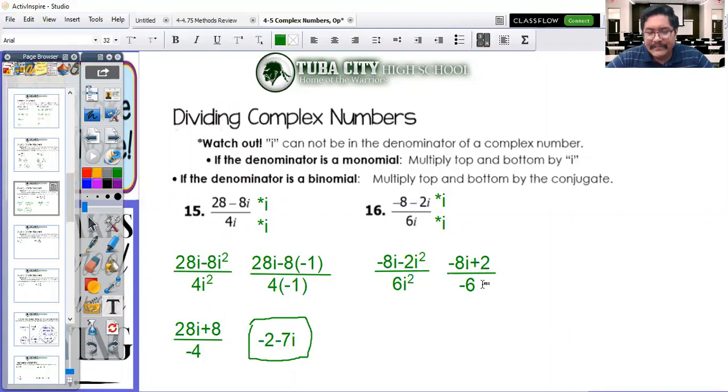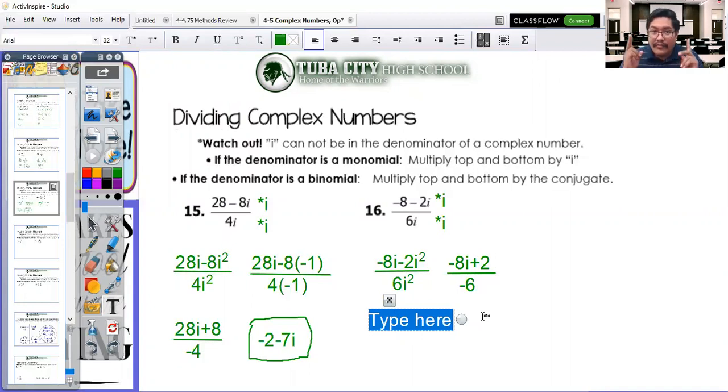Just like any fraction, if you have a fraction that you can't divide, like in this case I cannot divide 8 by 6, you should check to see if you can simplify it. But this one's a weird fraction because I have two numbers on the top, -8i and 2. You simplify it the same way you would any other fraction.